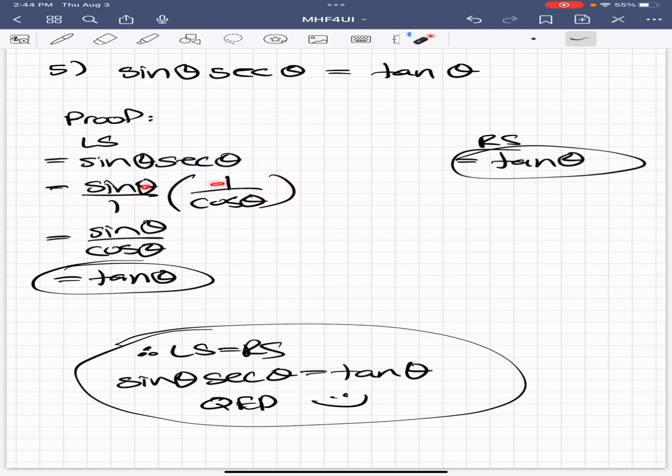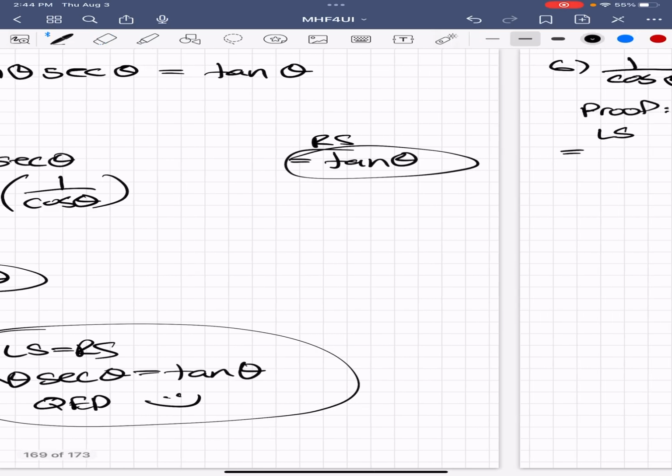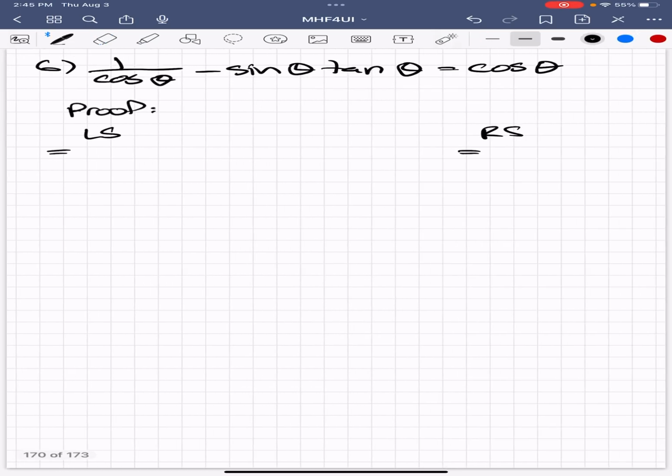So sine times 1 equals sine, 1 times cos equals cos, sine over cos equals tan, and then tan is on the right side as well. Moving on.